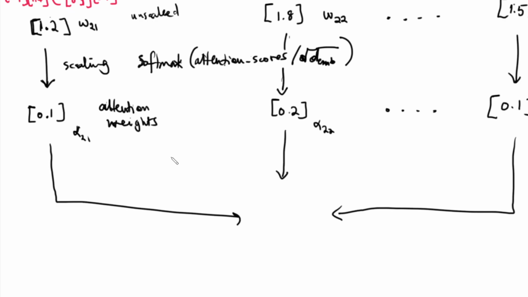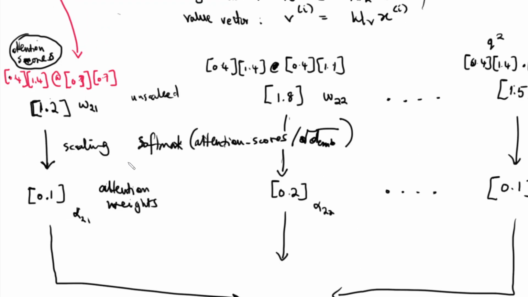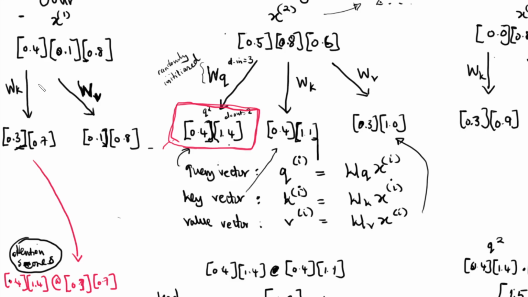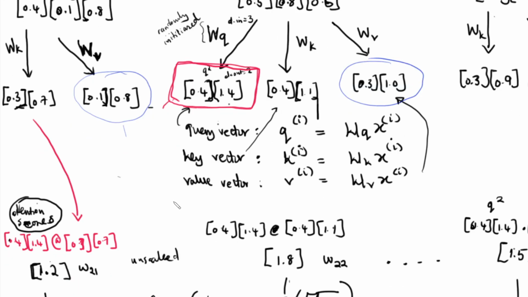So let's go up. You remember we split our inputs into keys and values. This is where the values are now coming in. We grab our value vectors, and those are the ones that we then put attention to.